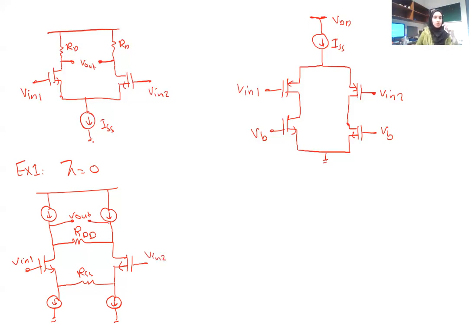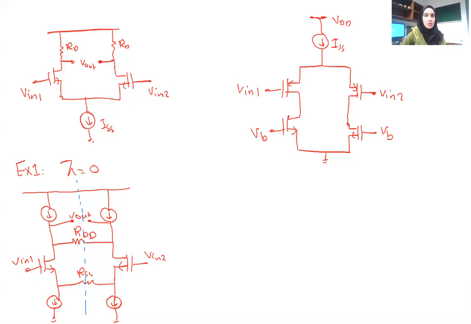Okay, so we want to find the differential gain of this circuit. So if you remember, when we want to find this gain, what do we do? We draw a line of symmetry across the circuit, and the circuit is symmetric across this line.